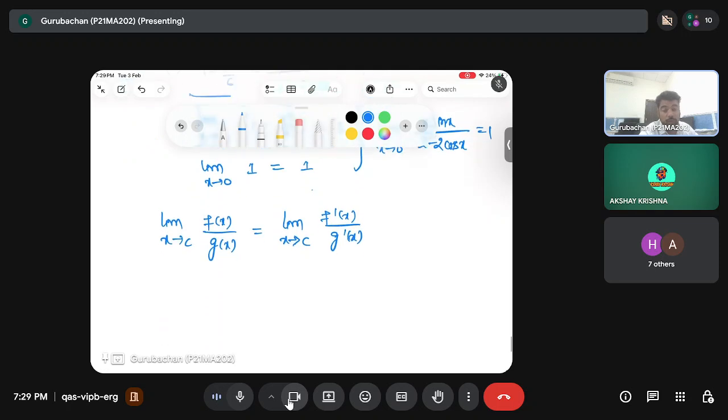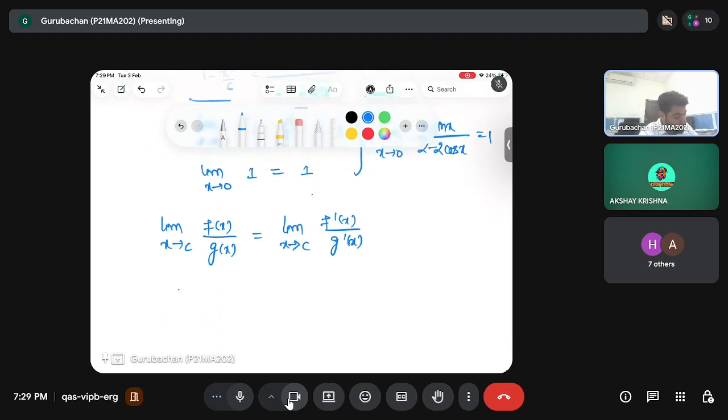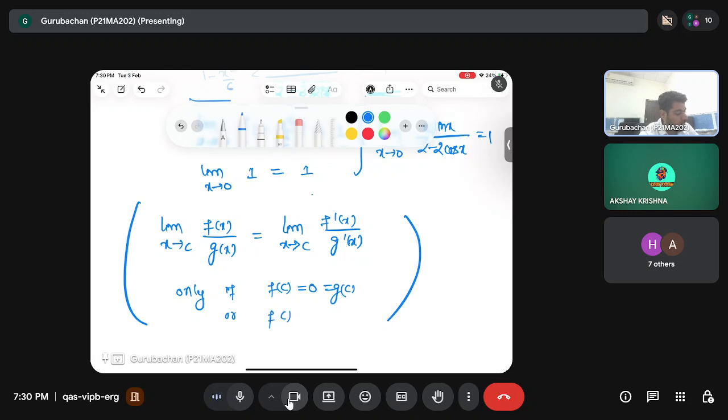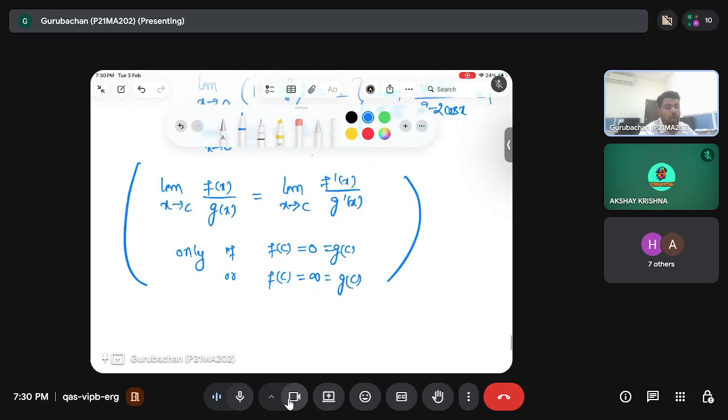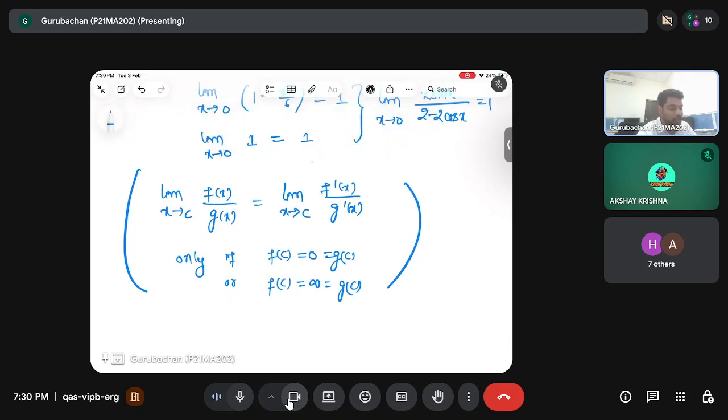And we can use this rule only if f at c is 0 and g at c is 0, that means if there is a 0 by 0 form, or infinity by infinity form. Then only you can use this rule. This has not been taught in the class, I'm just letting you know because of your curiosity.